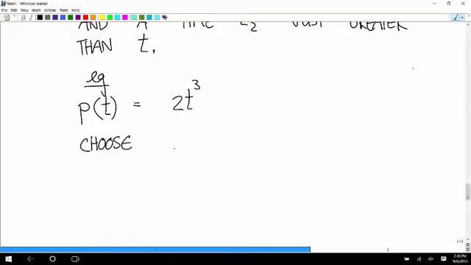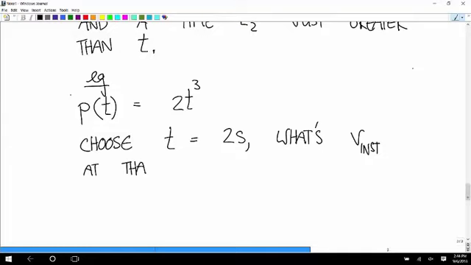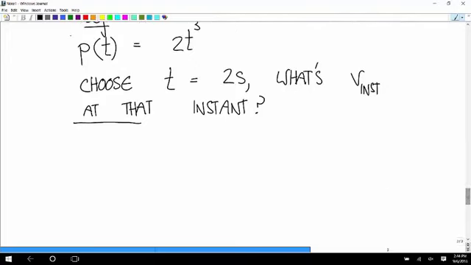Let's choose a time t of, I don't know, 2 seconds. And we want to know what's the instantaneous velocity at that instant. Okay, well, I'm going to do this in a few steps.